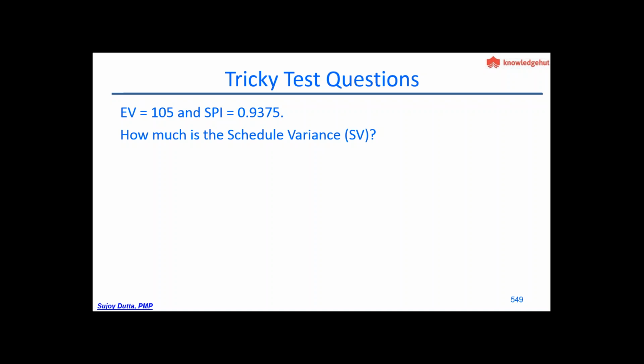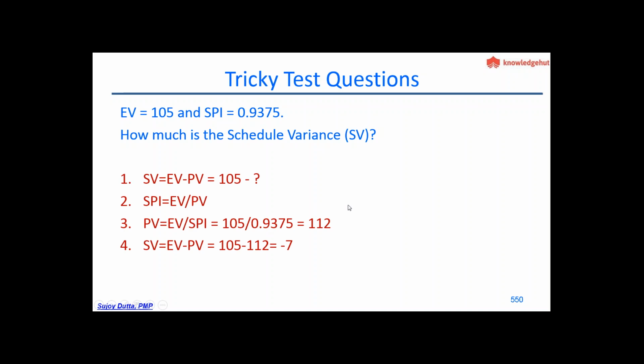6.56. Got -7. What? -7. Yeah. So this looks very small. Actually, they're just asking you the schedule variance, but look at the number of steps you have to backtrack. You have to go 4 steps back to get the value of the planned value.